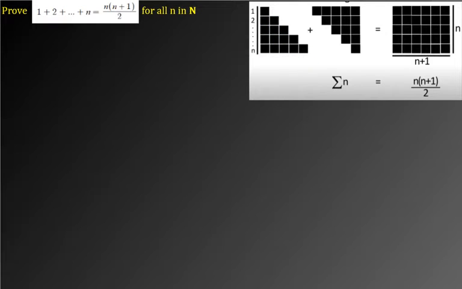And if you add to it n plus 1, you basically make this grid. This is an n by n plus 1 rectangle. And if you could cut on that diagonal, half of it would be the sum that I'm talking about.